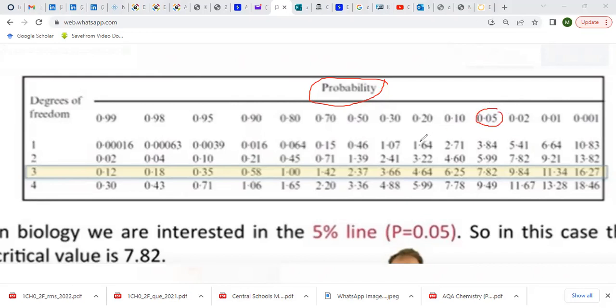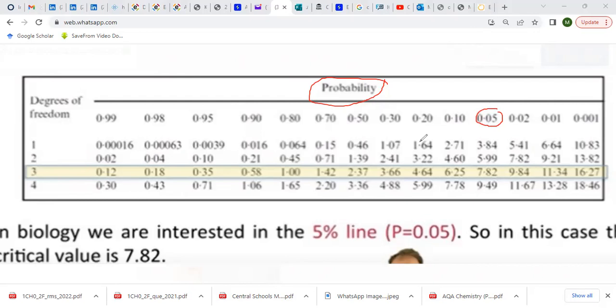So any data that you got, if the net result falls into less than 0.05 difference, it means your data is very good. The null hypothesis will be accepted. It is correct.